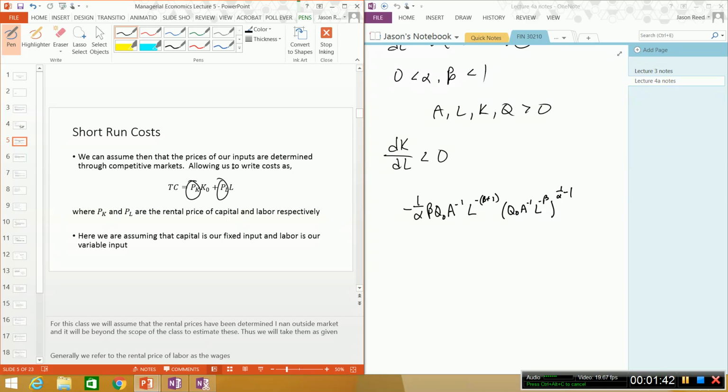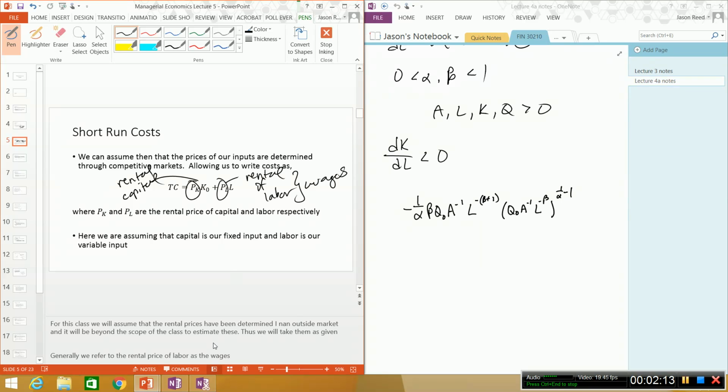We assume these prices are the rental prices. This is the rental price of capital, and this is the rental price of labor, which is also just wages. These are set in a different market, so we assume them to be a number that we're going to be using here.